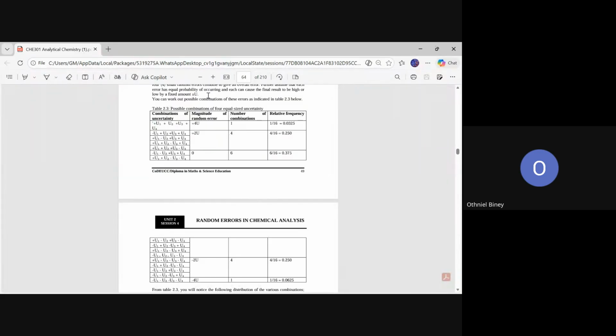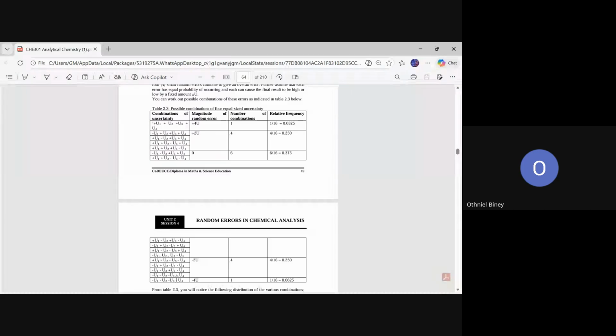So if you watch the combinations of uncertainty, let's just count it: 1, 2, 3, 4, 5, 6, 7, 8, 9, 10, 11, 12, 13, 14, 15, 16.